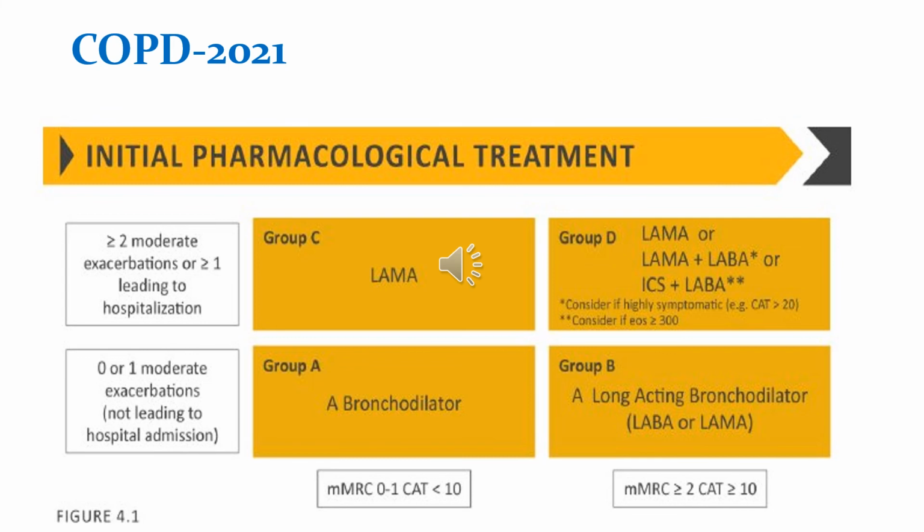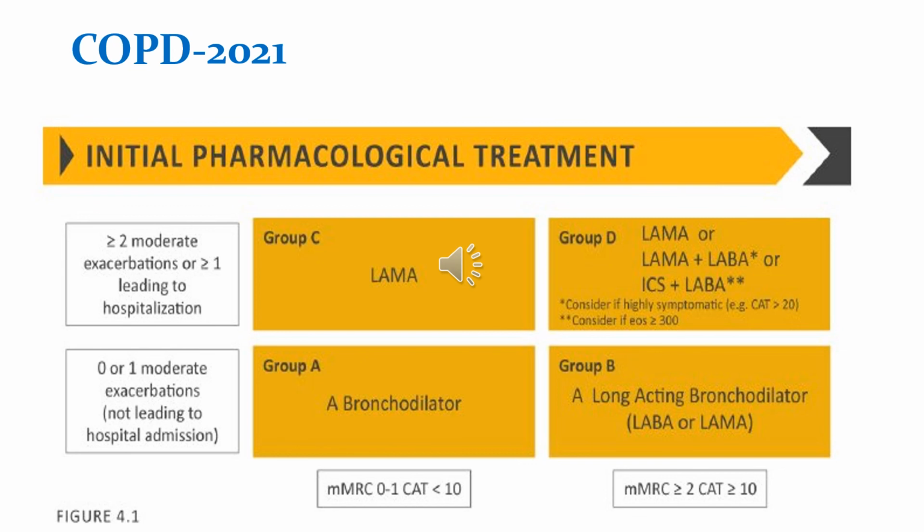The patients will go from group A to group B. They can use either LABA or LAMA. LAMA is better than LABA for exacerbation, but here the number of exacerbations has not changed, has remained the same.